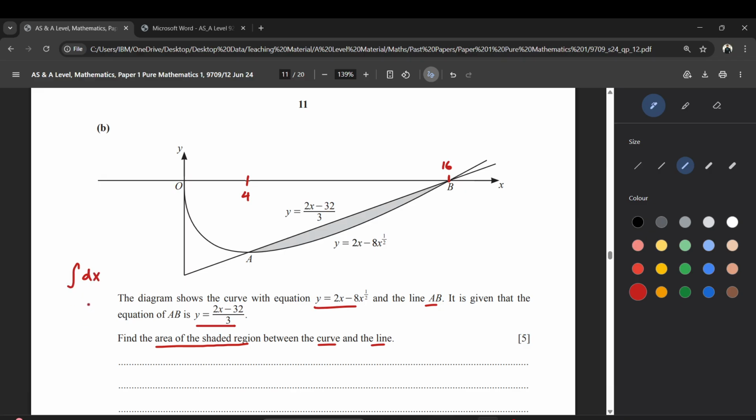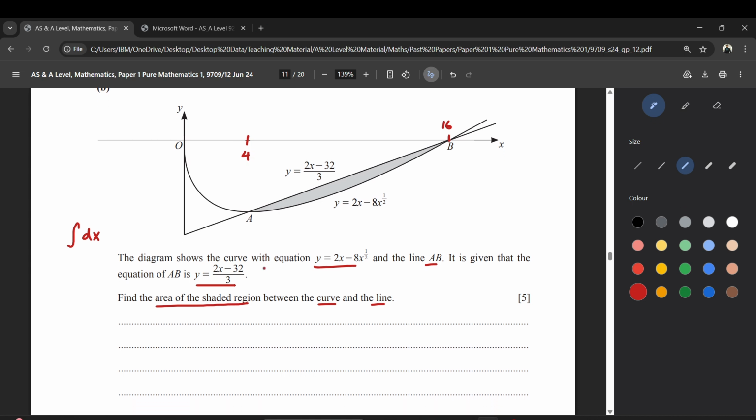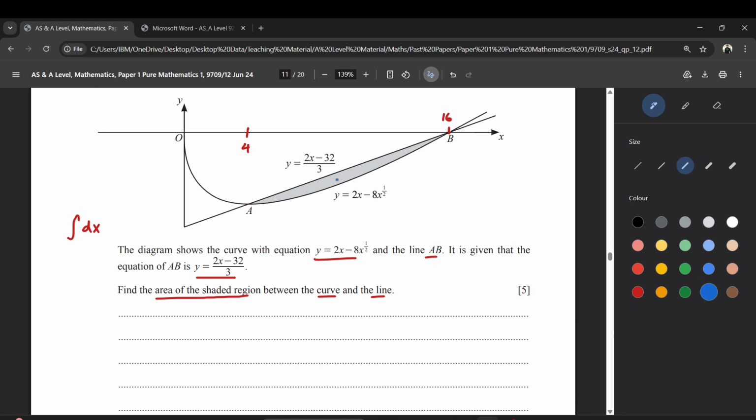Now here you have two equations. So let me first draw these lines so it's easier to explain. When I integrate between the limits 4 and 16 for the blue one, I'm going to get the area which is all of this portion, everything above this curve.